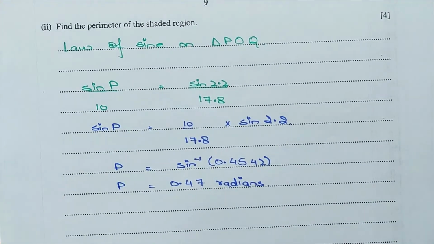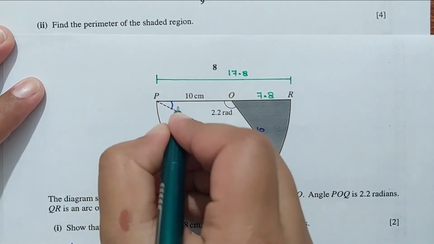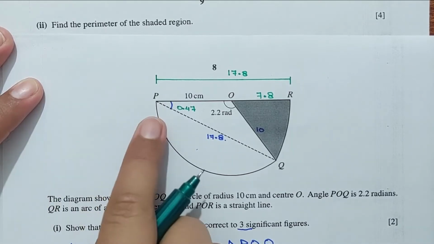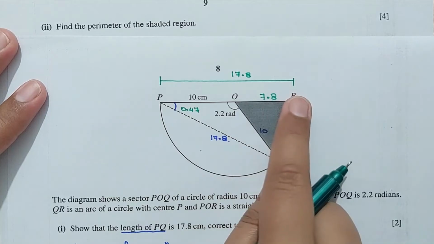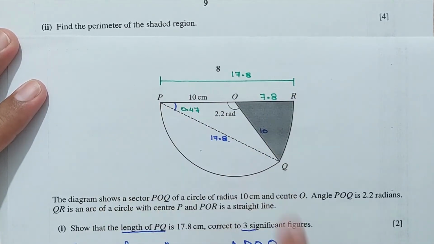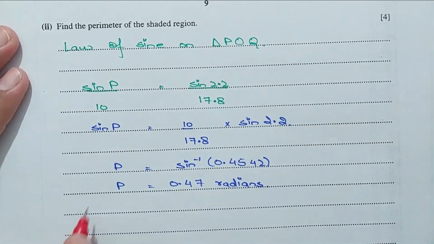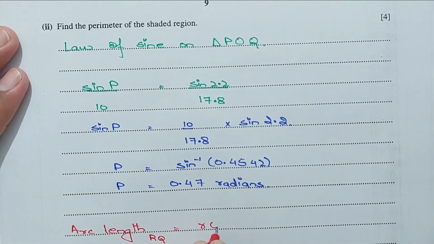Let me label this on the diagram. 0.47 is that angle. Now if I consider the arc length of the sector of circle P, R and Q, this is a sector of another circle with the center P, and we are calculating the arc length. So arc length RQ equals radius times theta.